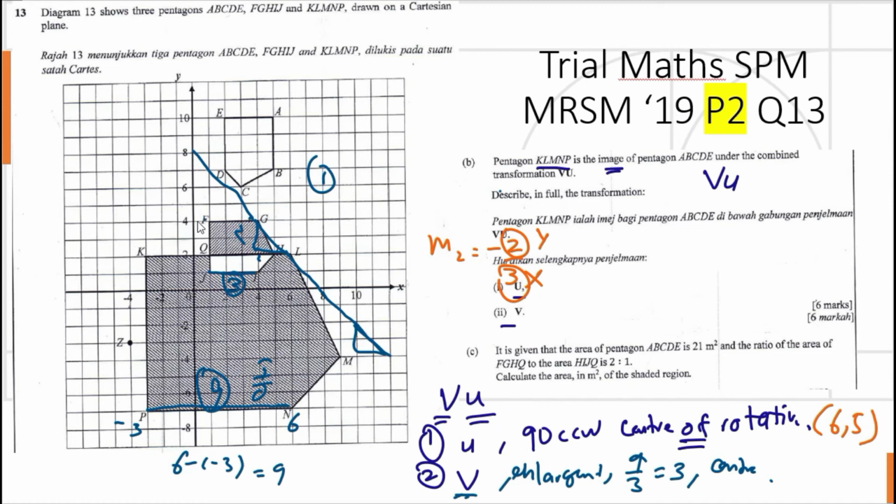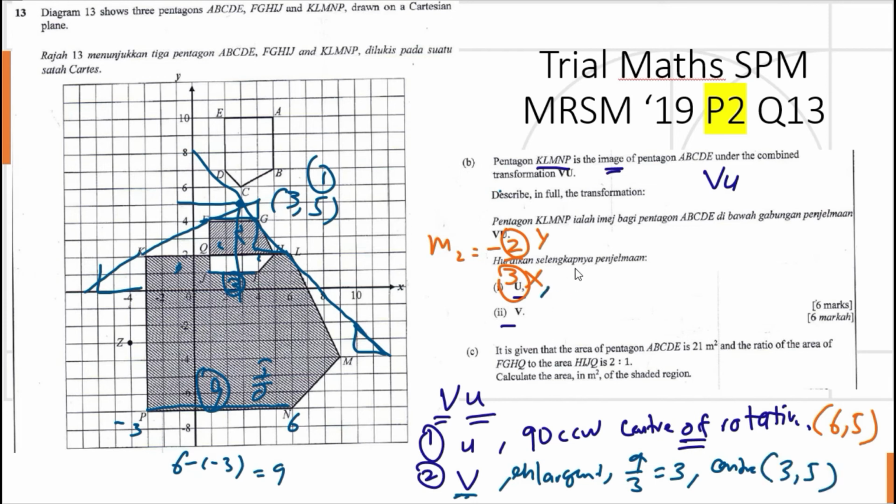Maybe you can take F and K. So F and K here, this is 4 and this is 2. So make sure you connect it, 4 and 2 as well. So here and here also 4 and 2. So you connect. So the intersection of the point is the center of enlargement. So the intersection here, you see this one is 3 and this one is 5, which is 3, 5.